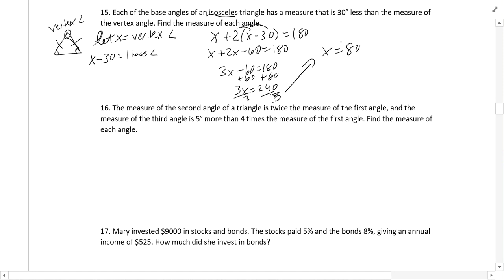All right, so that means I now need to solve for the base angles. One base angle is x minus 30, so I'm going to plug that in. 80 minus 30 is 50. So I'm going to write my answer as a sentence.